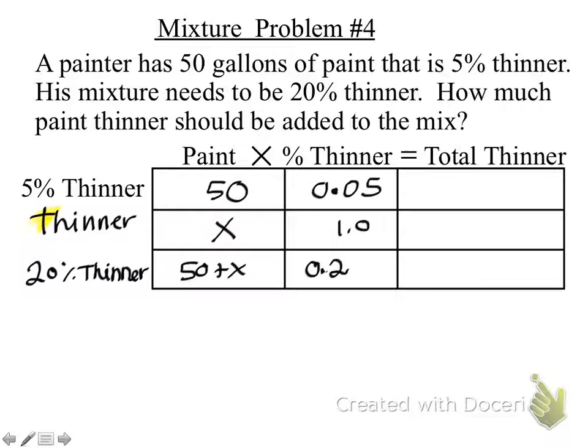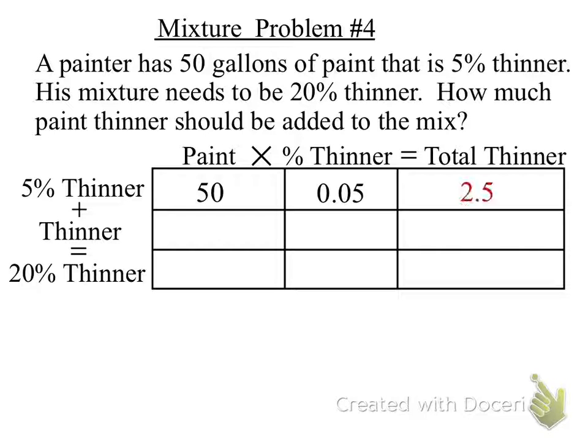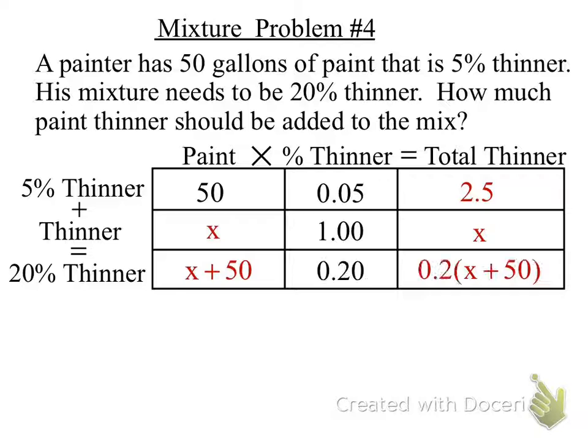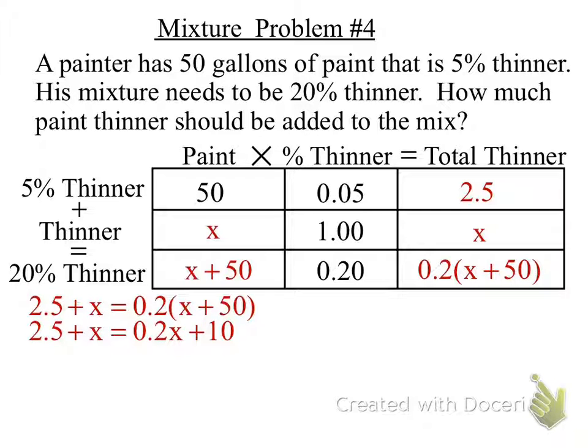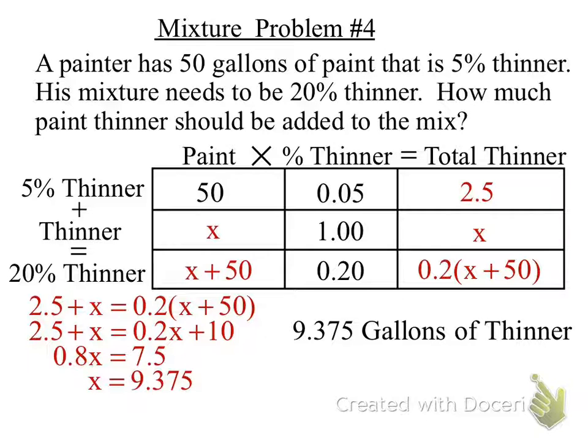So we multiply across. Does that make sense? So some things are implied, like when they're using pure thinner, it's 100%. When they're using water, it's 0% salt. Then we're going to multiply it across and then finish.